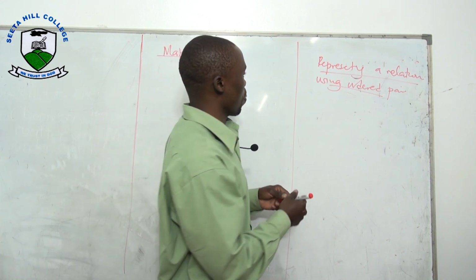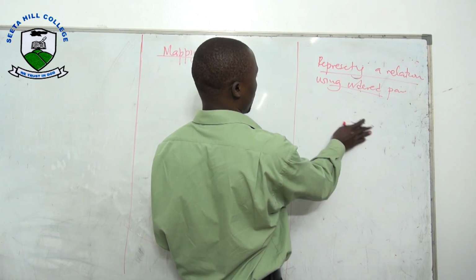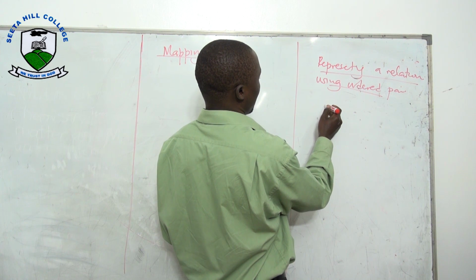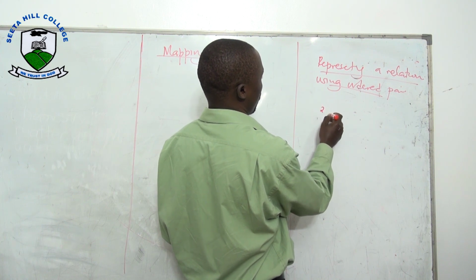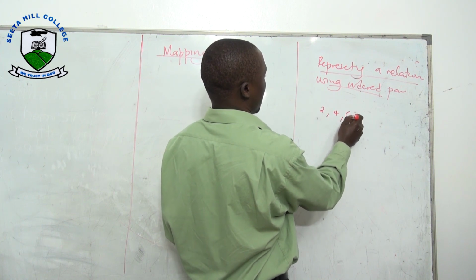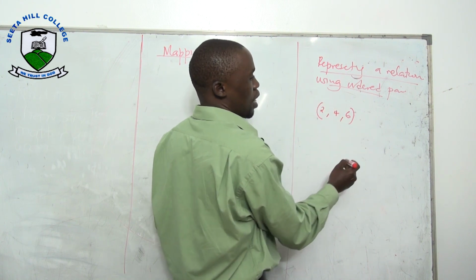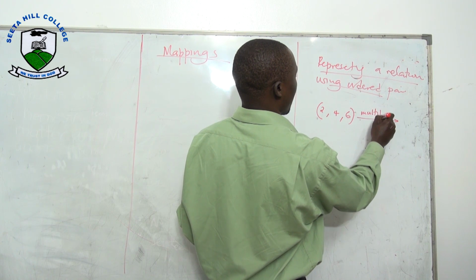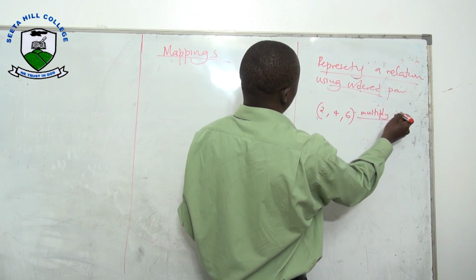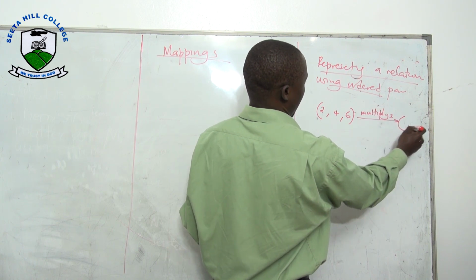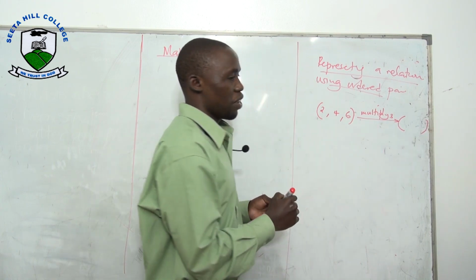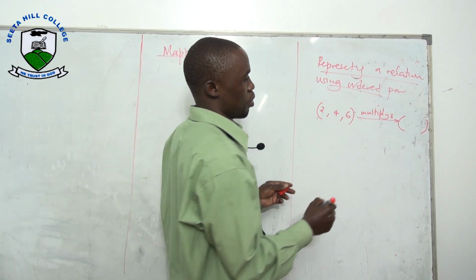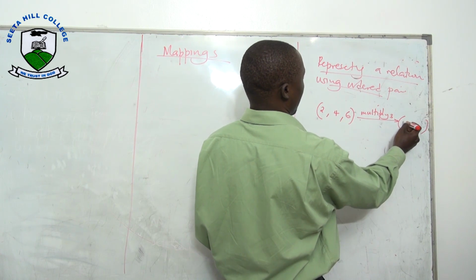Okay, now we can connect two sets, like if, for example, I have 2, 4, and 6. I can develop another set, multiply by, say, 3. If I multiply this set by 3, what do I get? 6.